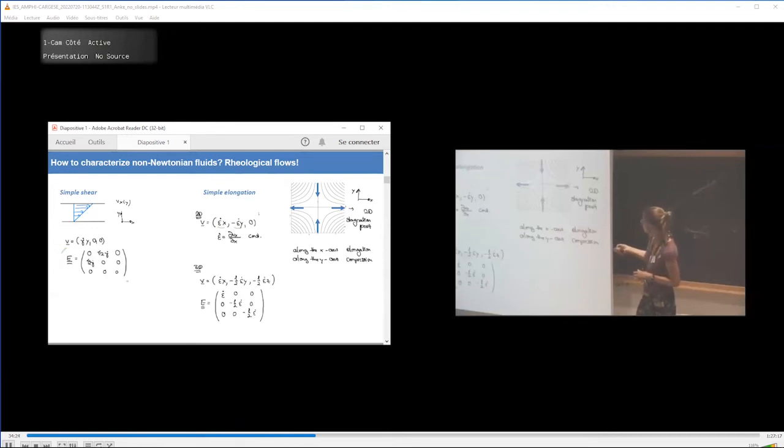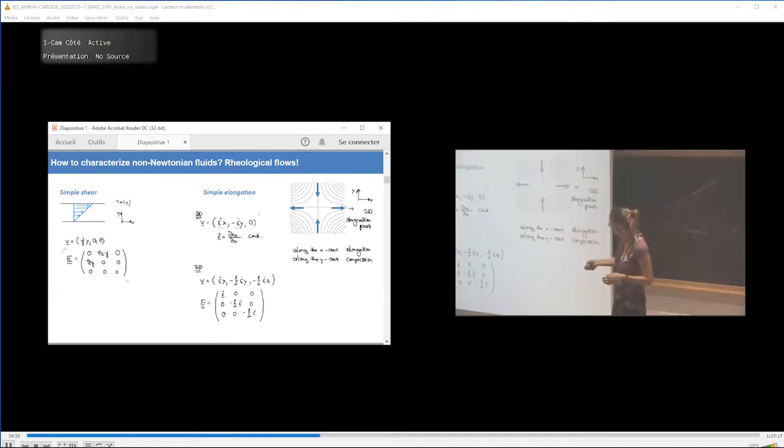Okay, and if you write this in a more mathematical form, your velocity field is along the x-axis, and I hope I drew the arrows in the right direction. Along the x-axis, yeah, I think it's fine. You go from 0 velocity at the stagnation point to a linearly increasing velocity when you go out, and on the y-axis it is the opposite. What we define now for the gradient in the system is often called epsilon dot, which is dvx over dx. Okay?